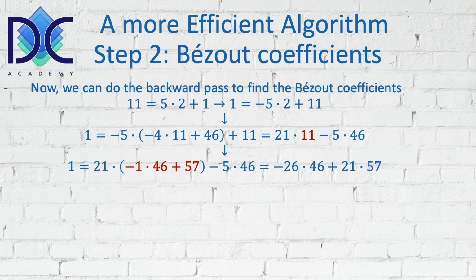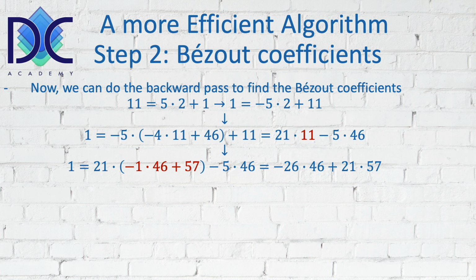So basically we find 11 here, and we replace 11 by the expression we found on the previous slide. And 11 is equal to minus 1 times 46 plus 57. So we complete the calculation here. So we have minus 21 times 46 minus 5 times 46, which gives us minus 26 times 46. And I add 21 times 57.